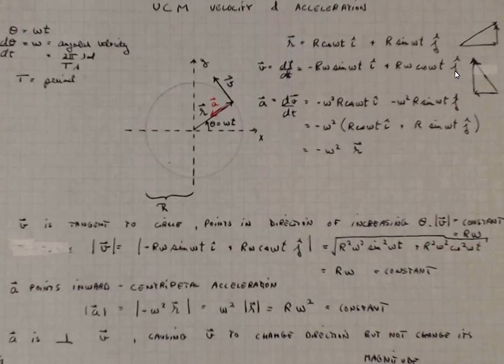If you look geometrically at what's happening, comparing the v vector to the r vector, the x component of the v vector is the negative of the y component of the r vector times a constant, and the y component of the v vector is the x component of the r vector times the same constant.